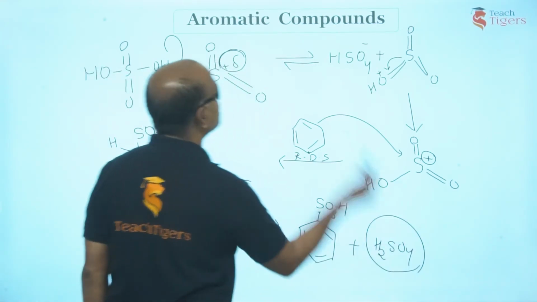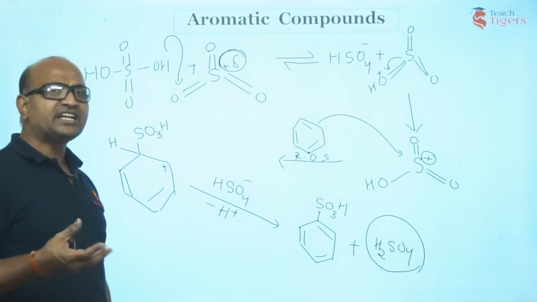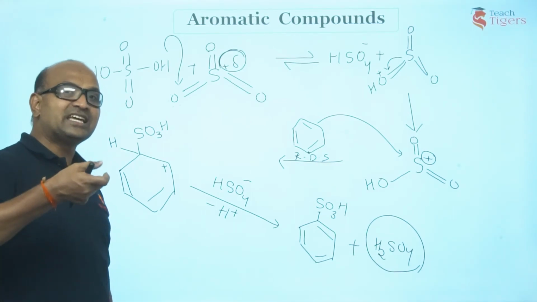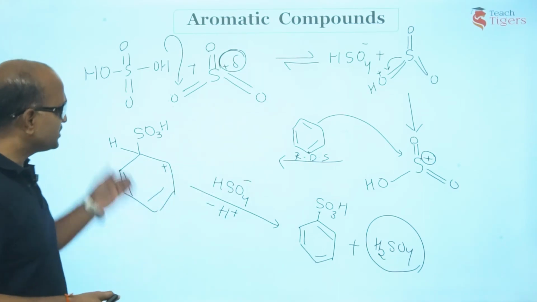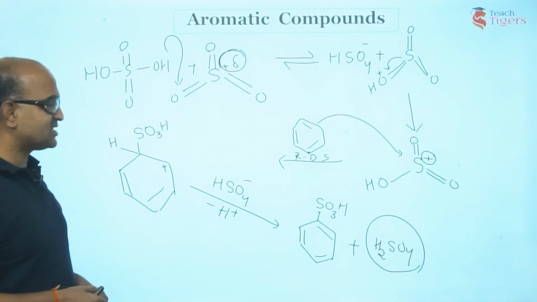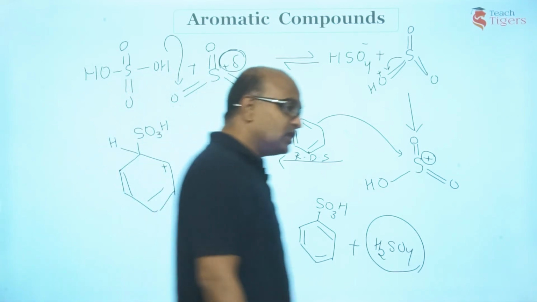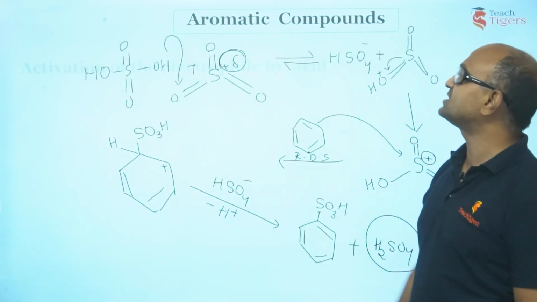So the role of H2SO4 is just to act as a catalyst. We are making it increase the electrophilicity of the SO3, the electrophile. So this is how the reaction takes place. This is SO3H. Clear? So the role of the acid is to increase the electrophilicity of this SO3.